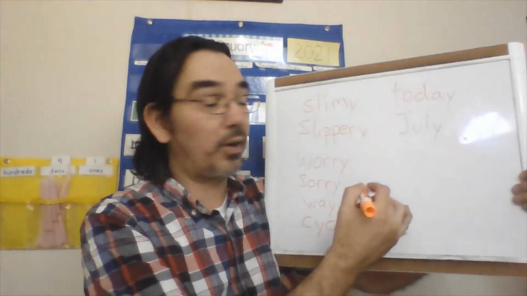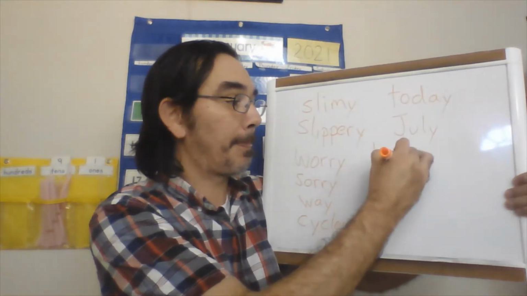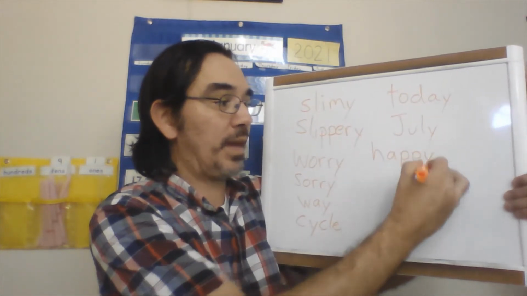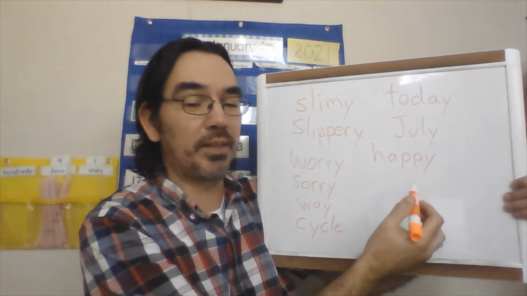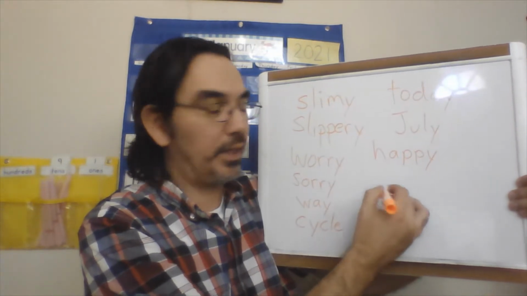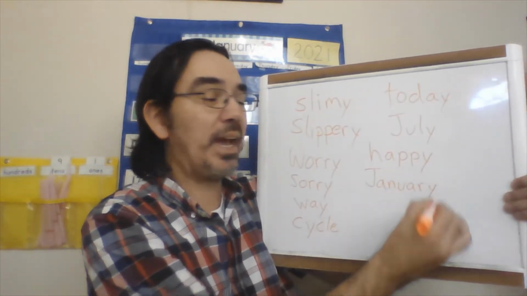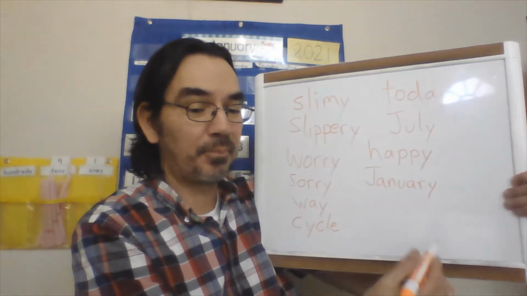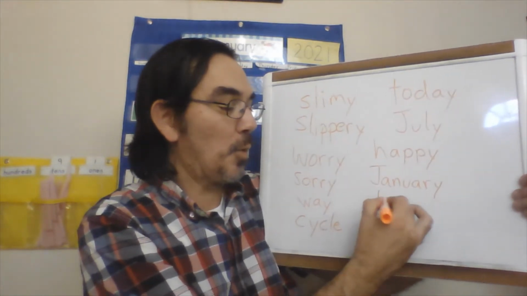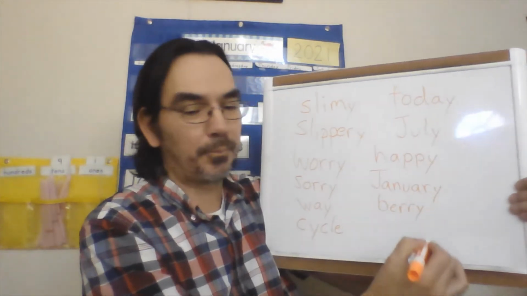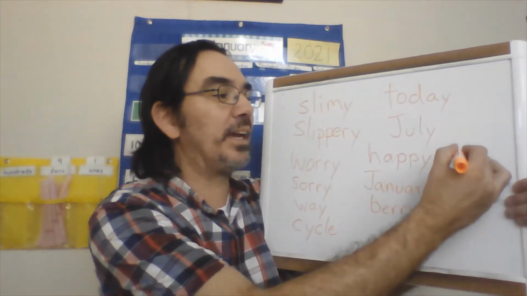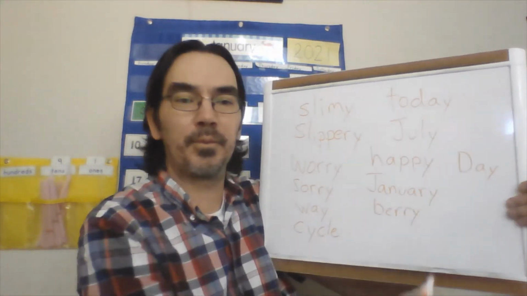A couple more. Anara came up with happy. There's our Y, sounds like an E, happy. And another month, January. All right? And berry. And day. Very nice.